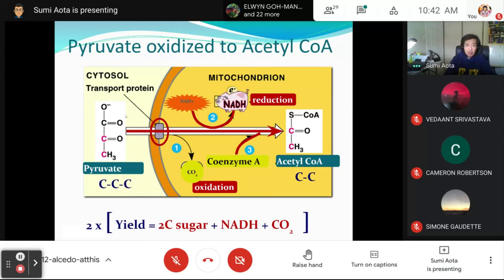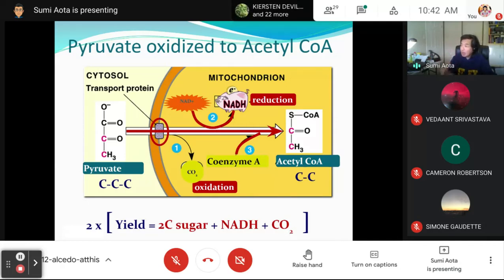This happens once for 1 pyruvate. So 1 pyruvate produces 1 CO2, 1 acetyl-CoA, and 1 NADH. Since glucose splits into 2 pyruvates, there will be 2 acetyl-CoAs, 2 NADHs, and 2 CO2s.